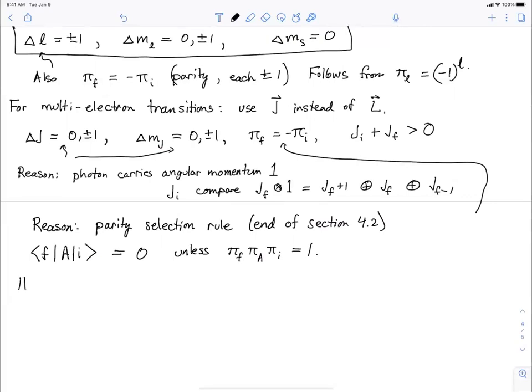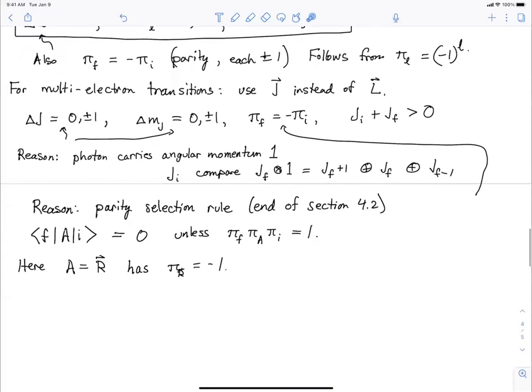And for us here, the relevant operator is the position operator, and that we know has parity minus 1. Right, so right away that tells us the initial state and the final state have to have opposite parity so that when we multiply by minus 1 here, we're going to get plus 1.